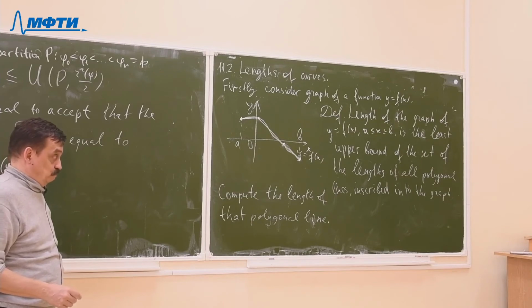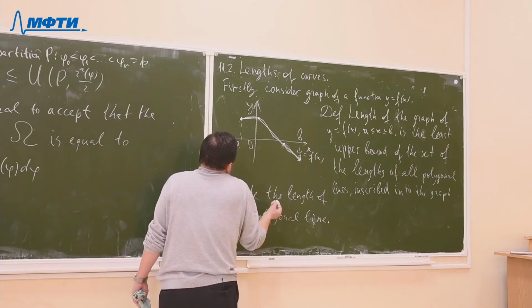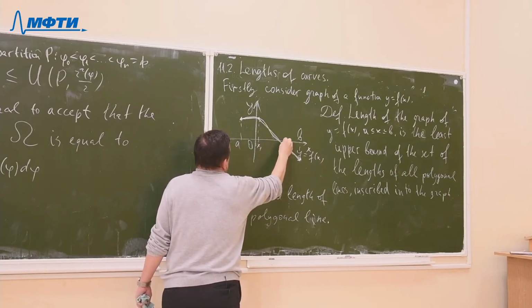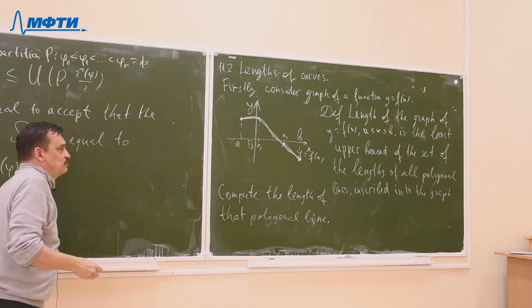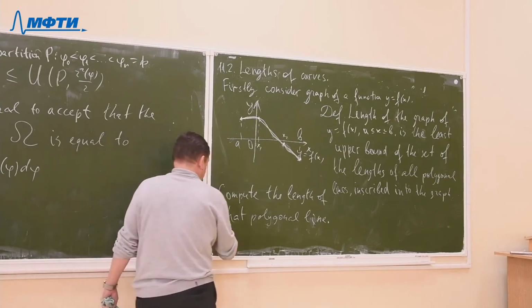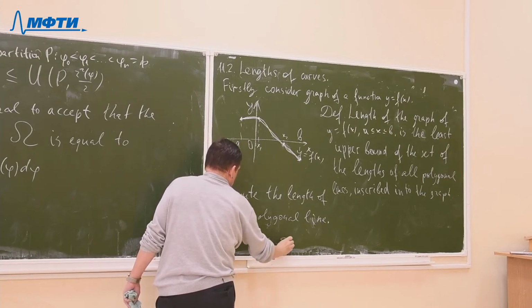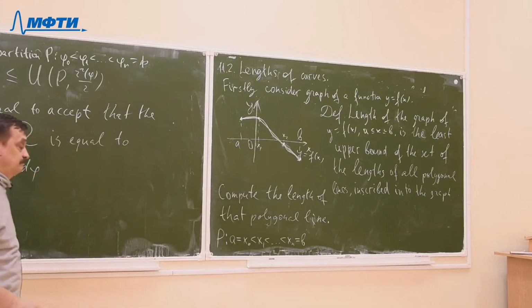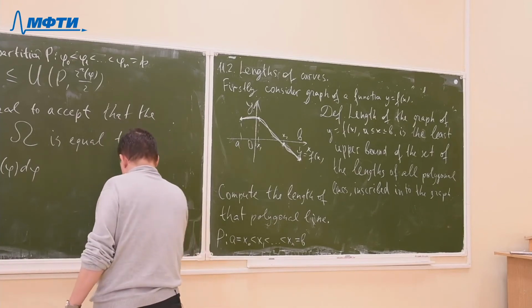So let us denote somehow, let's say that is x1, here we have x2 and so on. So once again we have a partition x0, up to xn equals b. Then what do we do?